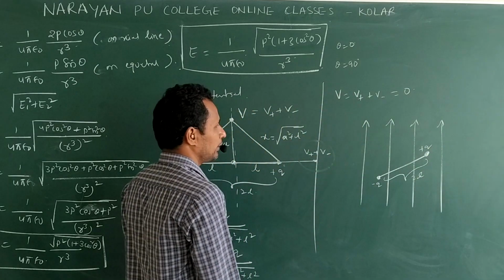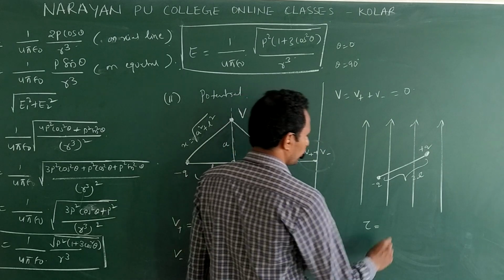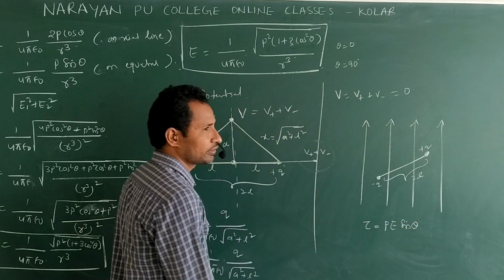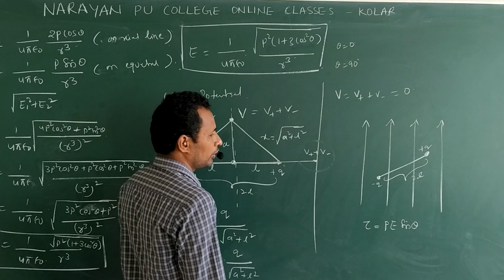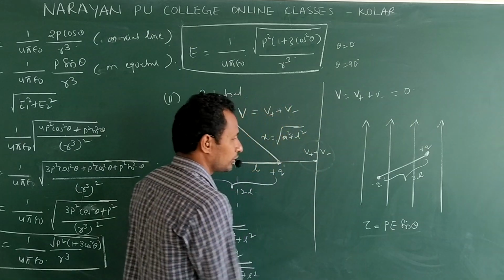If the length between the charges is 2l, then the torque experienced by the dipole is τ = PE sin θ. Clear? So the maximum and minimum torque depend on the angle.